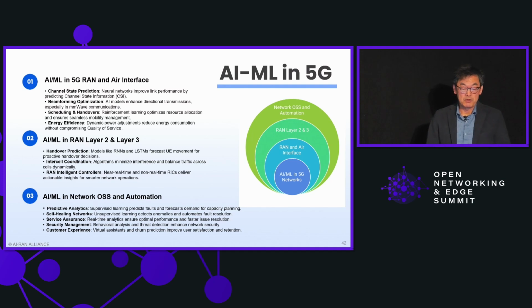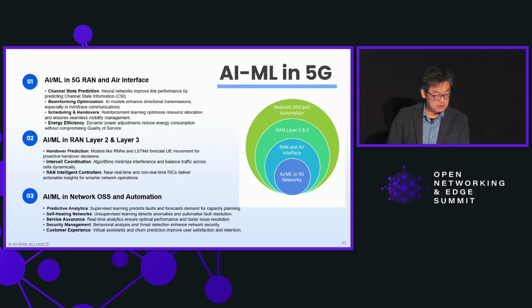Let me give you some examples of AI machine learning models. You will hear about these examples throughout the day, especially from the presentation from China Mobile. For example, in the 5G air interface, AI can improve radio link performance through channel state prediction using neural networks. Beamforming optimization can be enhanced by AI, especially for massive MIMO use cases.